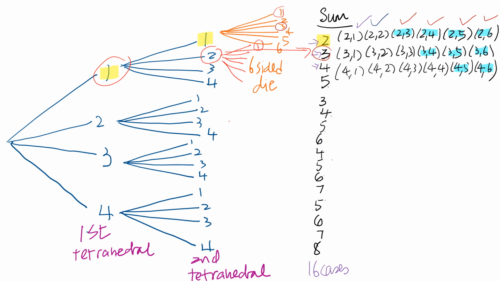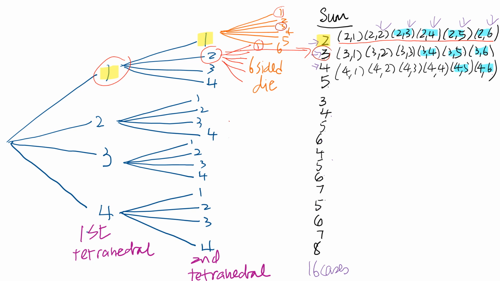make sure that the number on the six-sided die is more than the sum. If you look at the first row here, the possible outcomes are the ones highlighted in blue, because 3 is more than 2, 4 is more than 2, 5 is more than 2, 6 is more than 2.